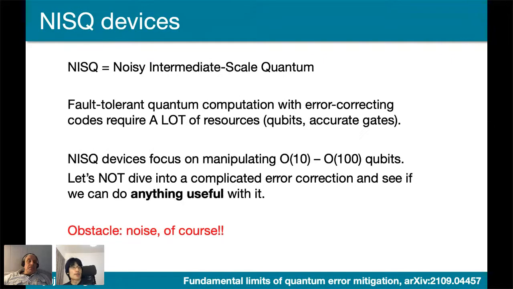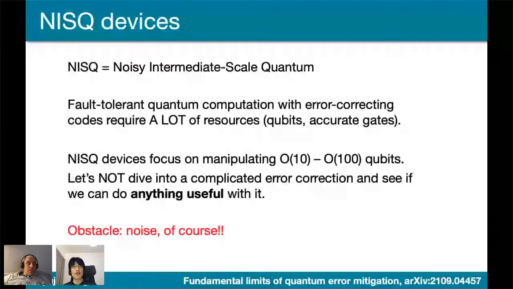But now we are in a very interesting time because of the recent technological developments. Now we have started having access to little baby, smaller quantum computers. This is, of course, much smaller than what is required for fault-tolerant quantum computation, which, for instance, requires 10^7 qubits.